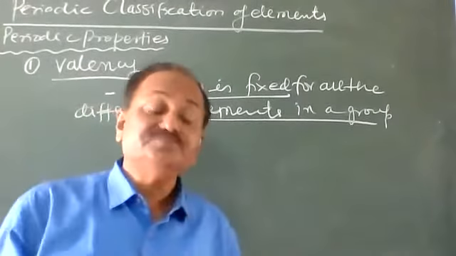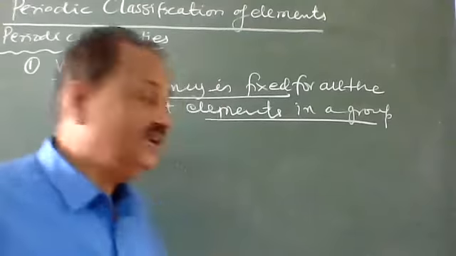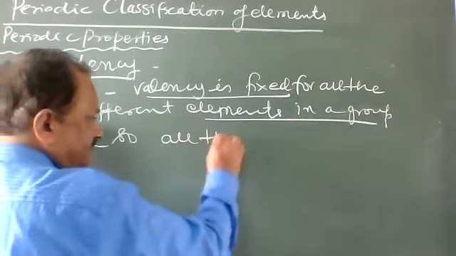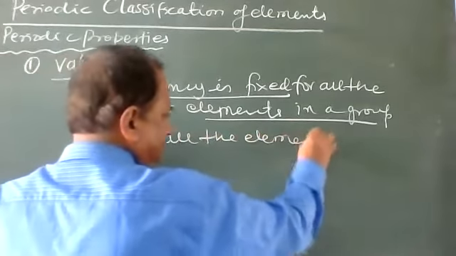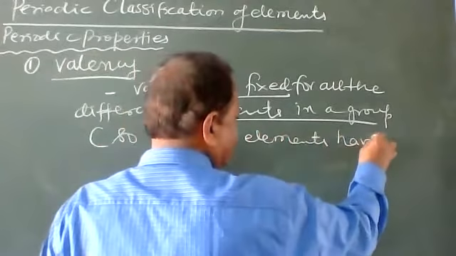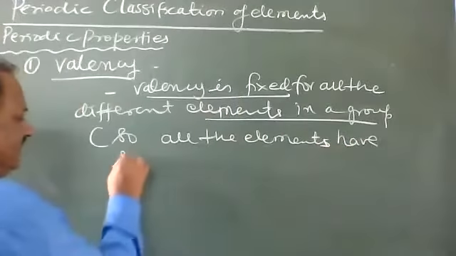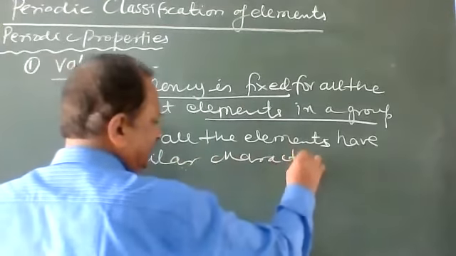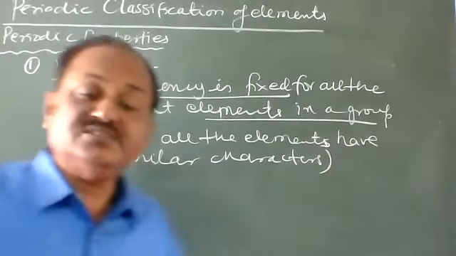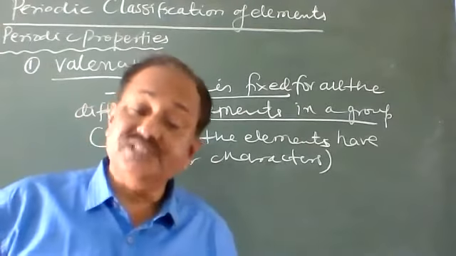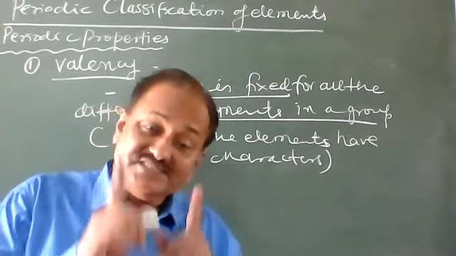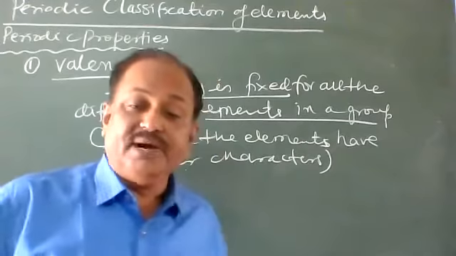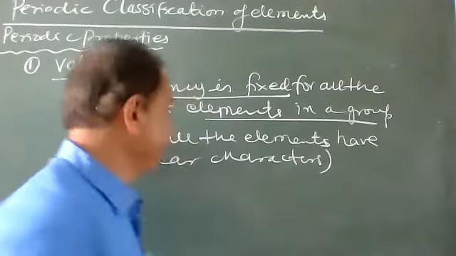All the elements have the same valency. Thus, they have the same property, all the elements have similar characters. So this is the reason that all the elements of a particular group have the same chemical property, because valency is the same. So you can imagine how important valency is.